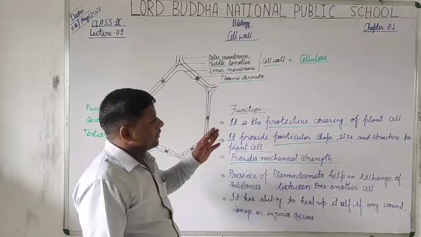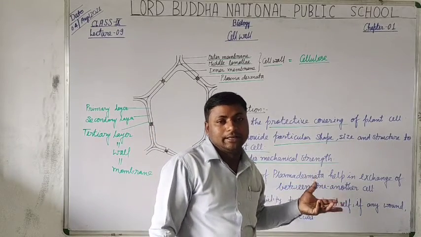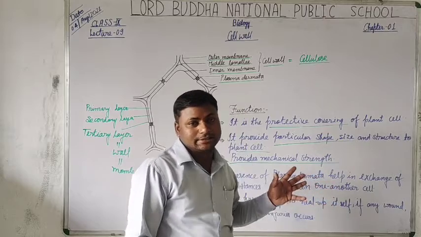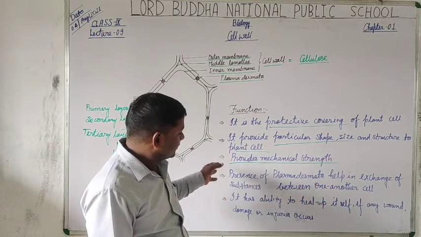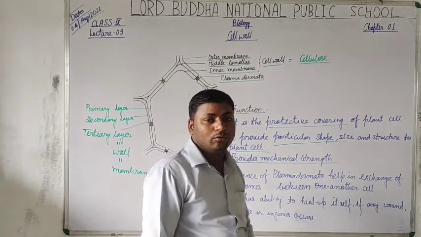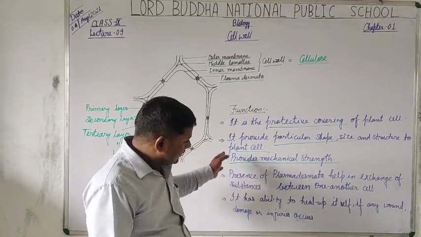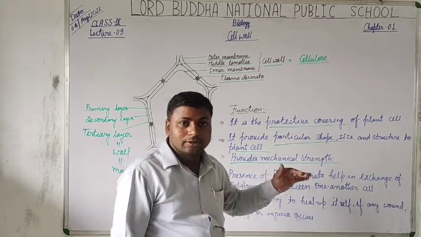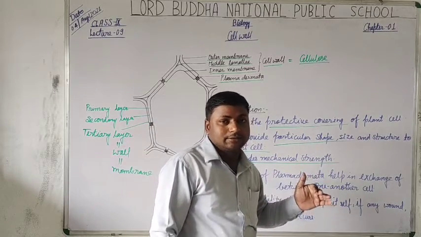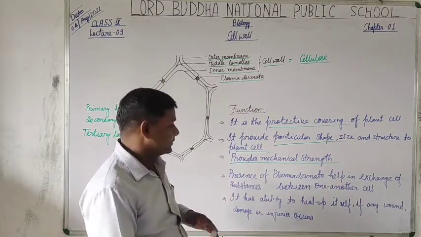With the presence of amylopectin and pectin like cementing substances and lignin, the wall becomes rigid and has no elasticity, but in some plants it may have flexibility, that is called tensile strength. Okay.